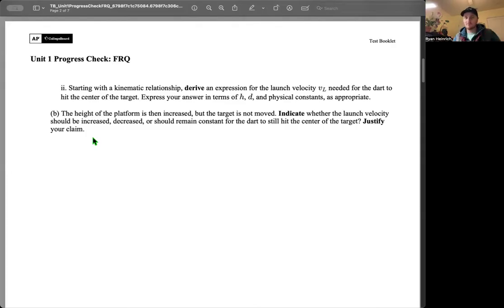I'll say it one more time. Make your claim. The velocity of the dart must be decreased. If the height is increased, the dart would have more hang time. And if it maintained the initial velocity it had, it would go too far. Therefore, the velocity must be reduced so that it travels the same distance d.